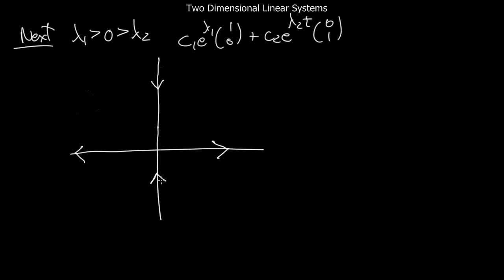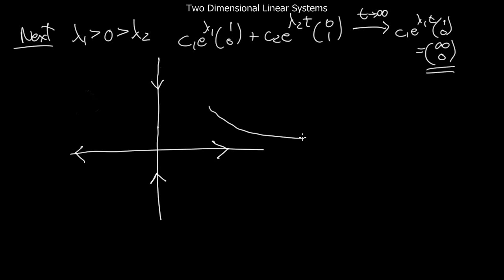So how do we get the picture here? Well, what happens as t goes to infinity? The second term is going to 0, and the first term is going to infinity. So that means that you're getting asymptotically closer to the x-axis like this. You're going off to infinity in the x direction, and the y coordinate is going to 0. So you have a bunch of curves which must be looking like this somehow.